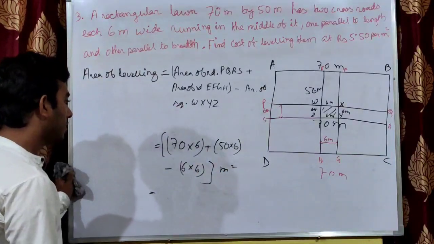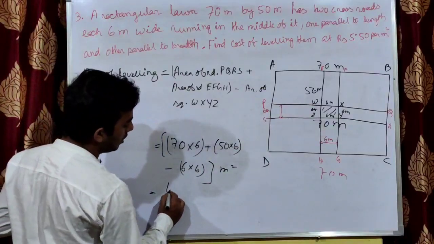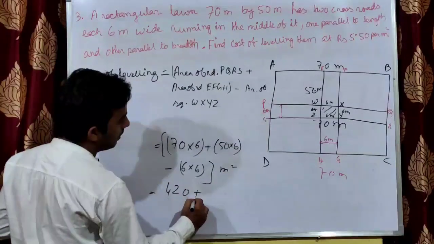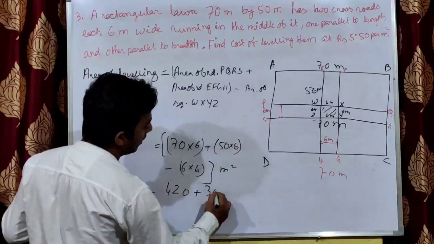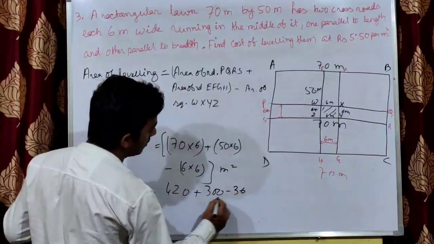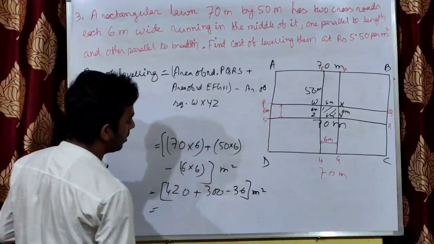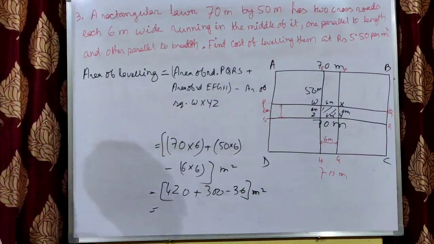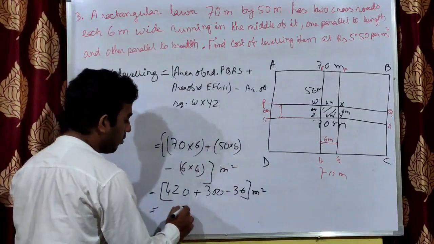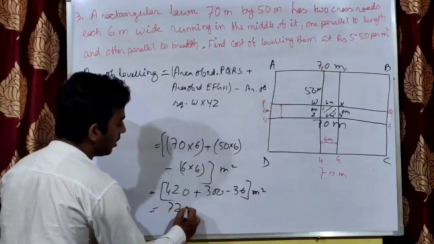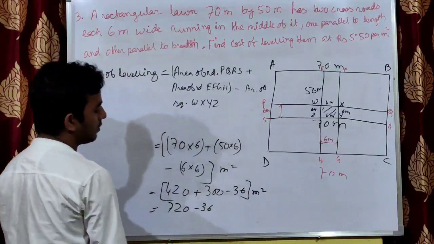So 70 into 6 is 420, 420 plus 300 minus 36 meter square. 420 plus 300 is 720, minus 36.